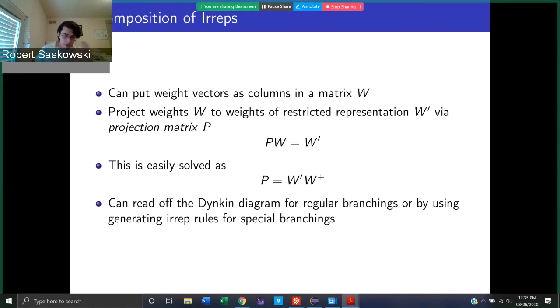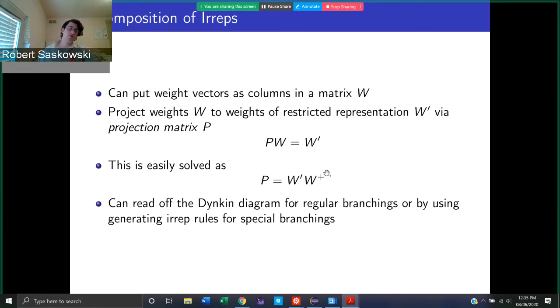It contains the absolute minimum amount of information possible. You can't gain information. And so the trivial representation branches to the trivial representation, but if we do this, we're not going to get a projection matrix that projects for all weight systems. It's just going to tell us that a trivial representation becomes another trivial.